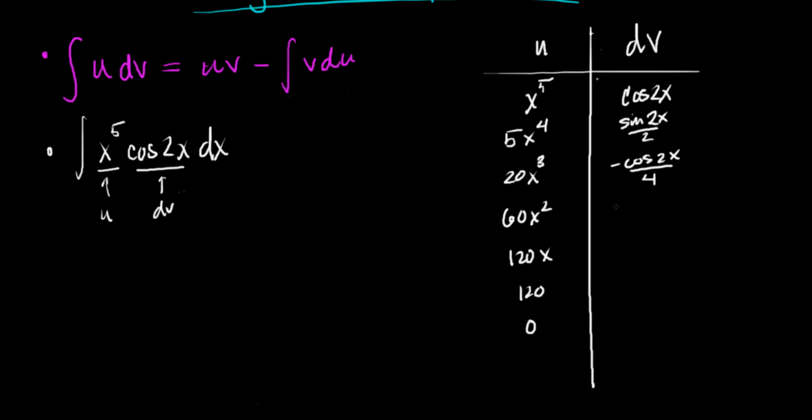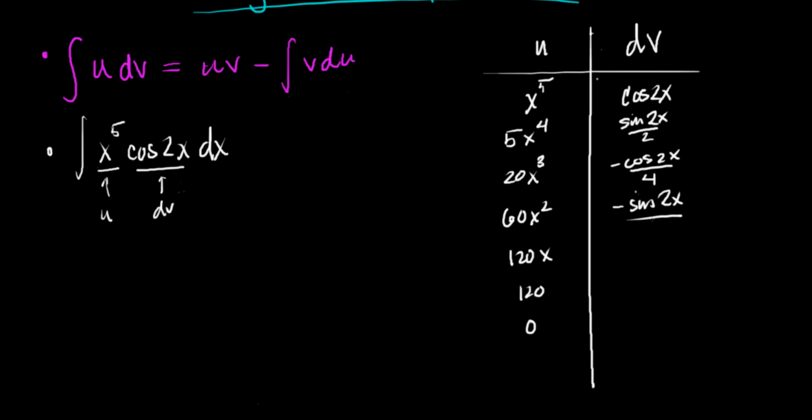The integral of that, well, the negative stays because the integral of positive cosine of 2x would be positive sine, but we have the negative out front. So negative sine of 2x, and then it would be over 2, but we already had a 4 there, so we multiply and get 8 there.